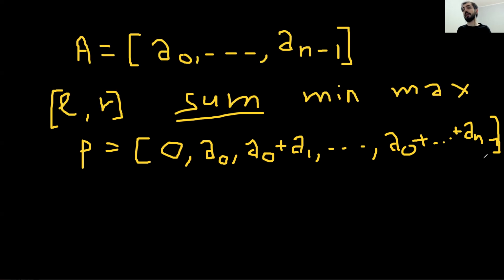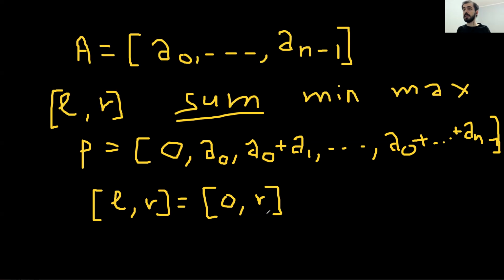So suppose you know prefix sums. Now there is one very simple equation that explains why prefix sums are so valuable. The subsegment from L to R is the subsegment from 0 to R minus the half-open interval from 0 to L, right?